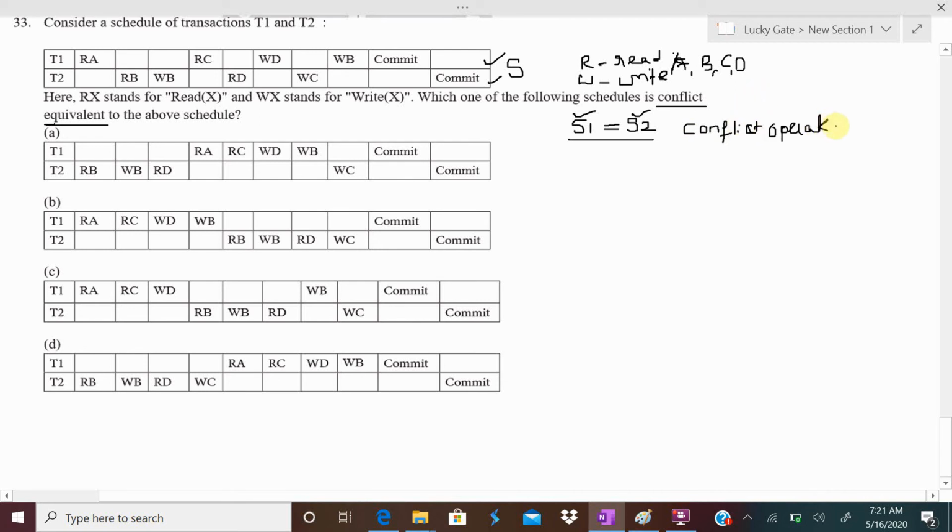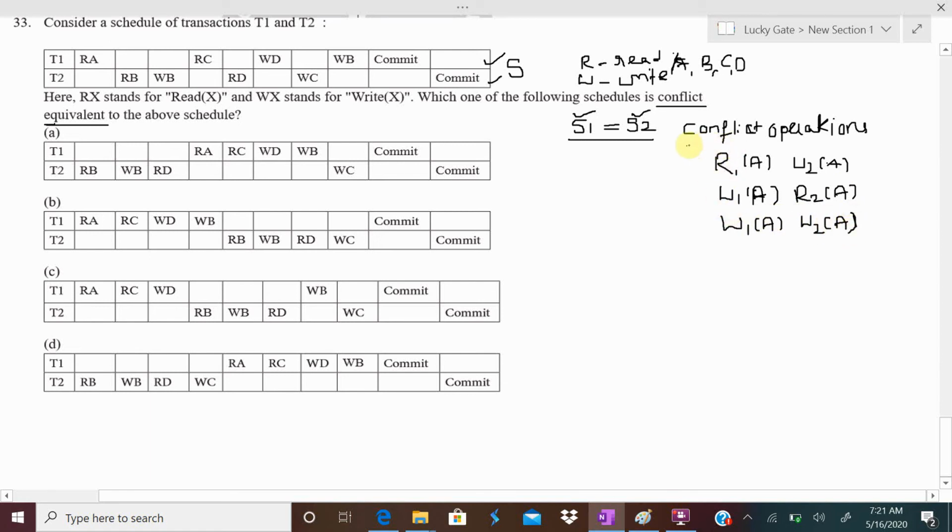We have 3 conflict operations: read 1A, write 2A, we call it read write conflict; write 1A, read 2A, we call it write read conflict; and write 1A and write 2A, we call it write write conflict.